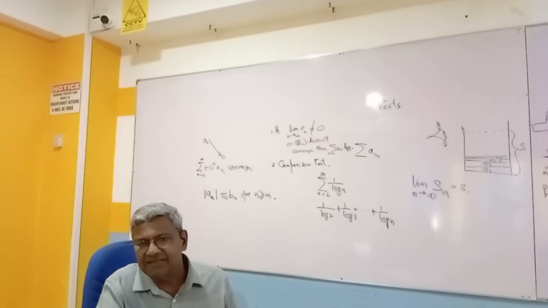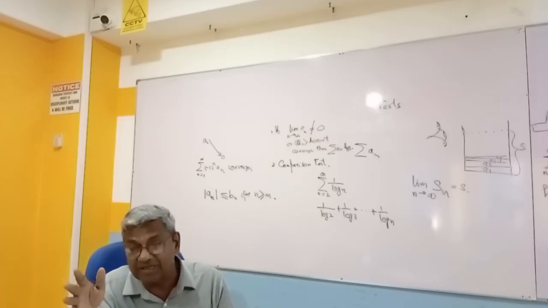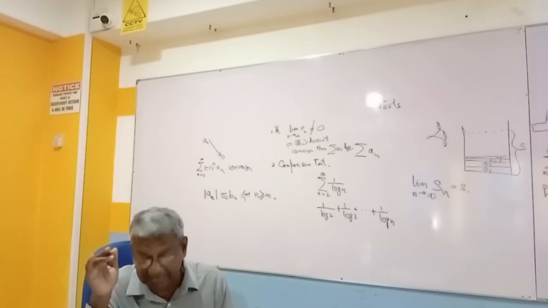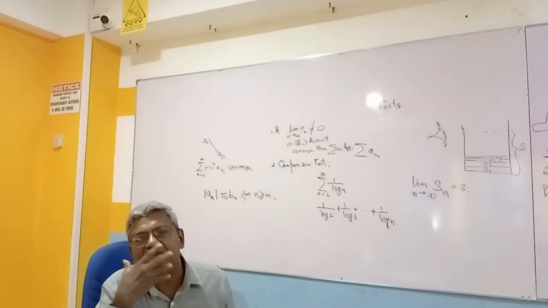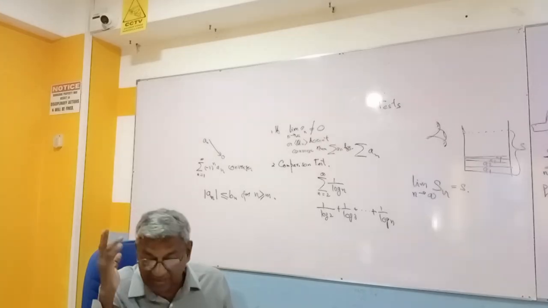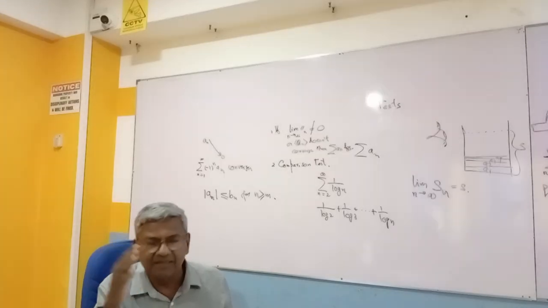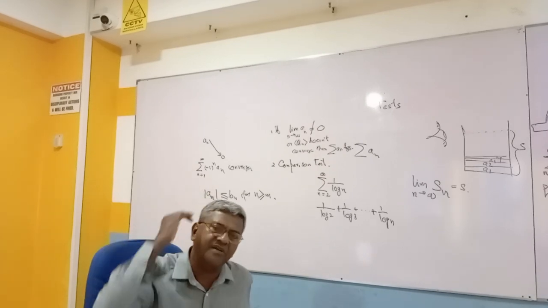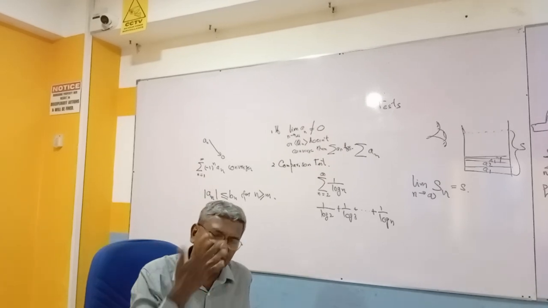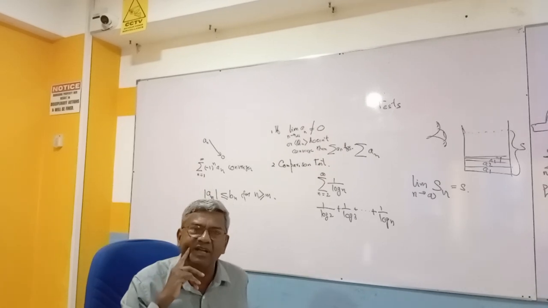Other tests, like the ratio test and root test, which we have to learn later, use the geometric series. Very important. What it says is, sigma x raised to the power n converges if and only if mod x is less than 1.